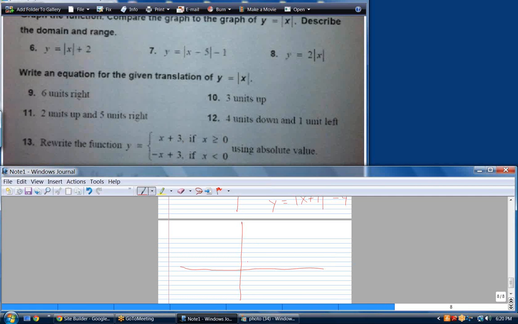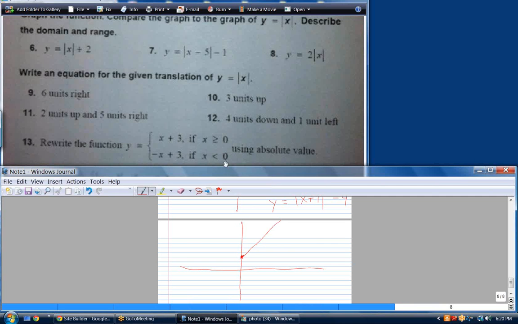Well, how do I plot x plus 3? It'd be going up 3. And then a slope of 1. So that's how I plot that part of it.